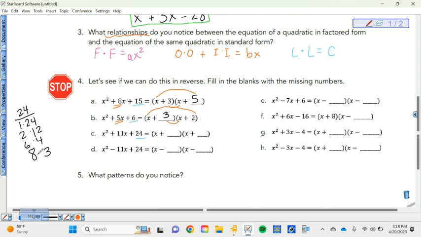So we have to figure out which of these pairs I can add or subtract together to get to 11. Which of these pairs? 8 and 3. Good. So then I have x plus 8 times x plus 3.